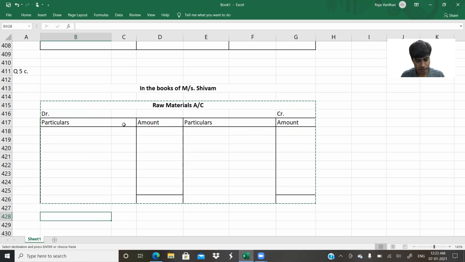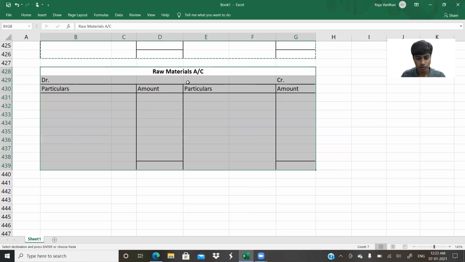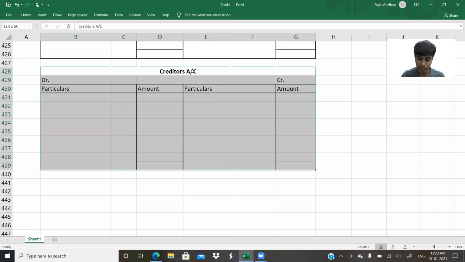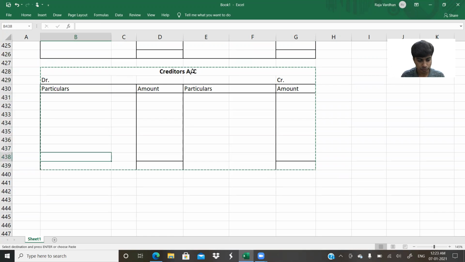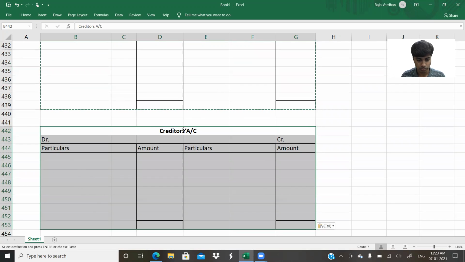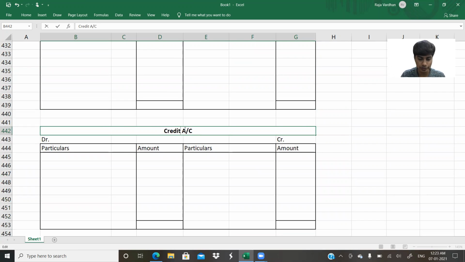Now I'll get creditors account. So this is my creditors account. Creditors account, and now below this I'm going to drop our trading account. Sorry, manufacturing account.